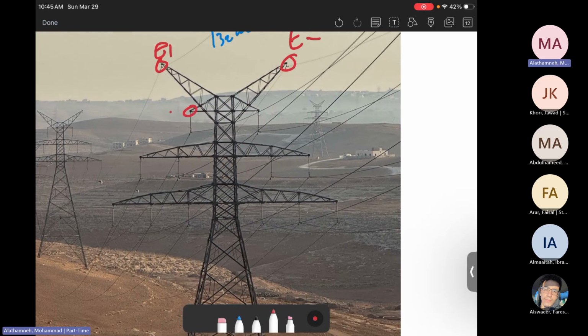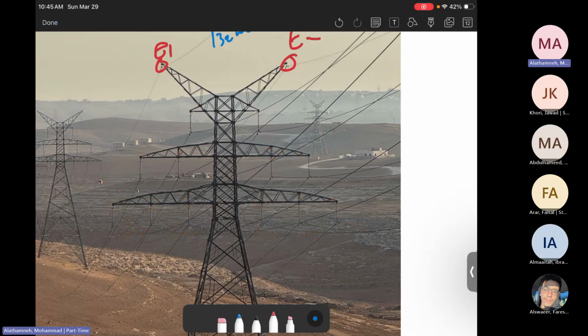Look at it. Here, phase A1, phase B1, phase C1. This is phase A2, phase B2, phase C2. Then this is phase A3, phase B3, phase C3. This is phase A4, phase B4, phase C4.